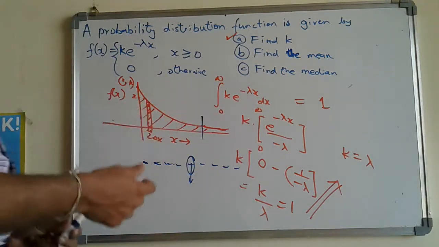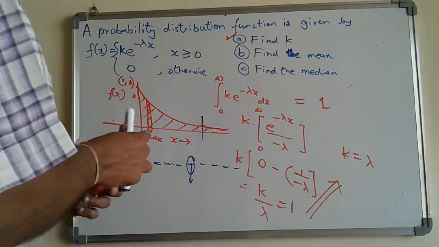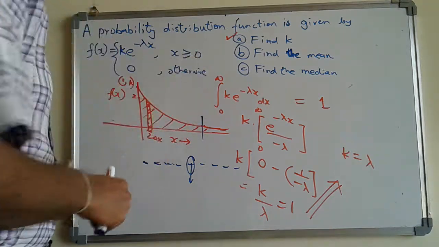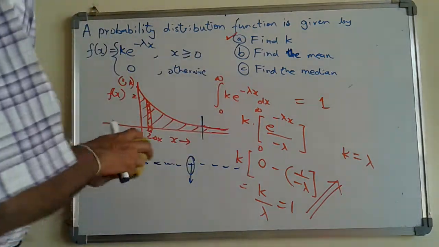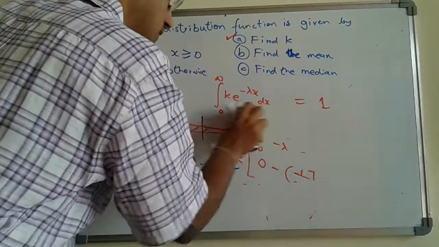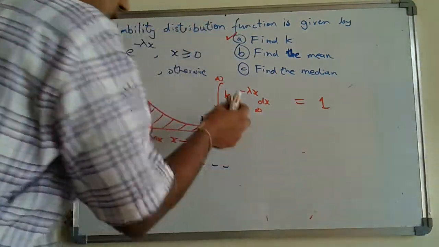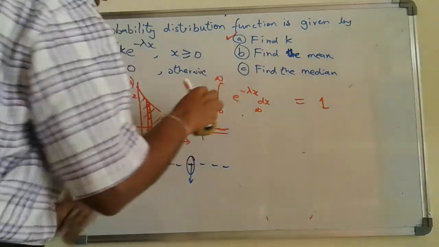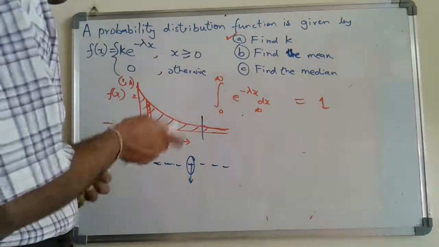So all that changes is, rather than integrating to infinity and setting it to 1, I'm going to erase this section here. Now that we identified that k is lambda, I can replace it by lambda.